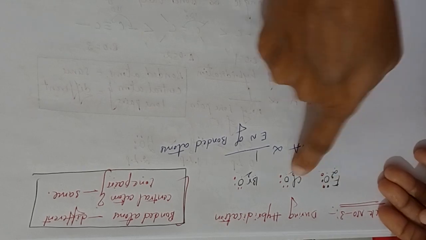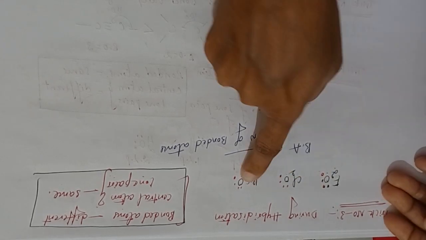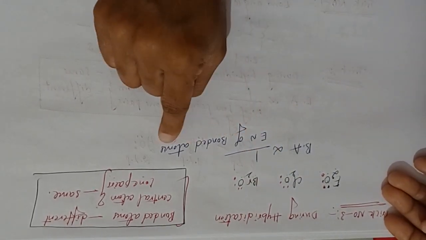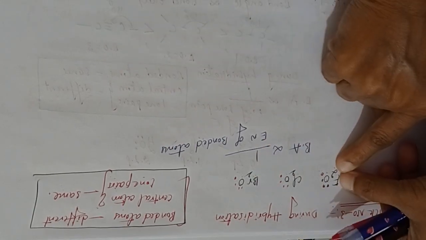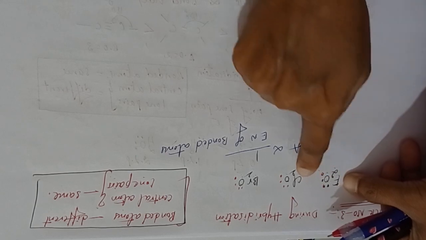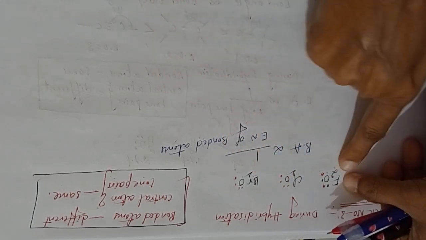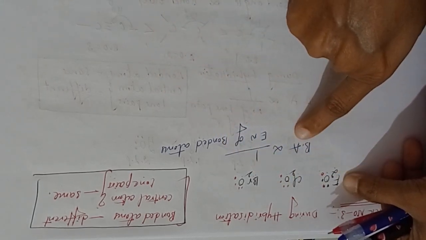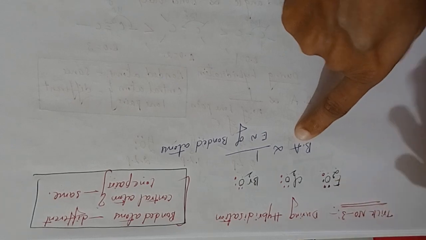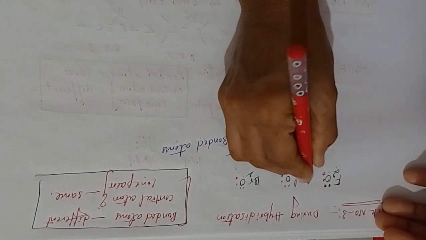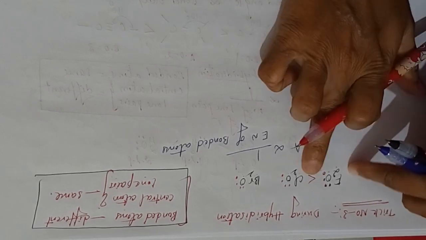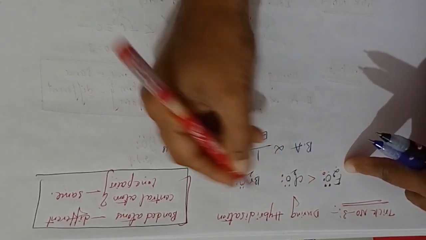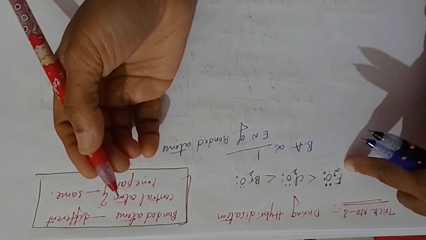See here, fluorine, chlorine, bromine are the bonded atoms. Which has more electronegativity? Fluorine, next chlorine, next bromine. More electronegativity means bond angle is less. So what is the order? F2O bond angle is less than Cl2O, and it is less than Br2O.